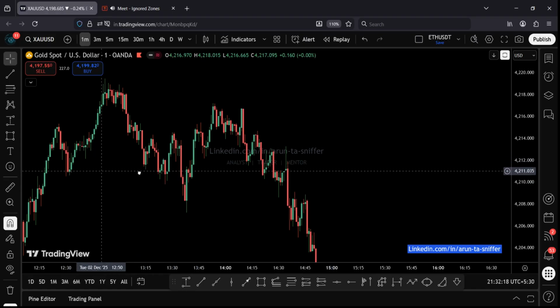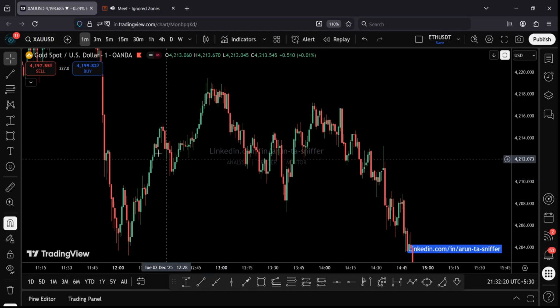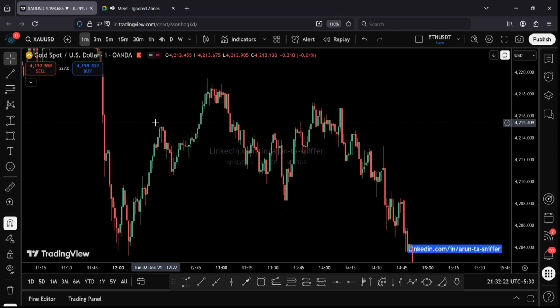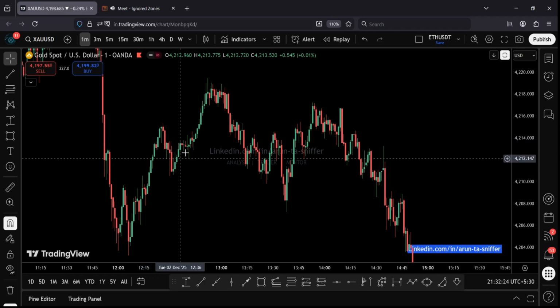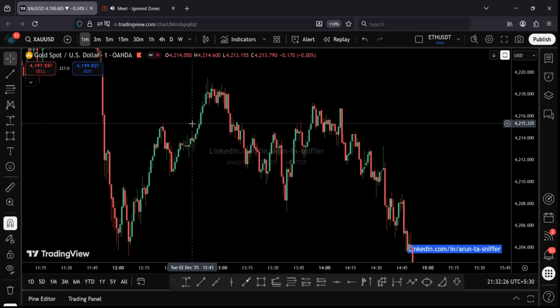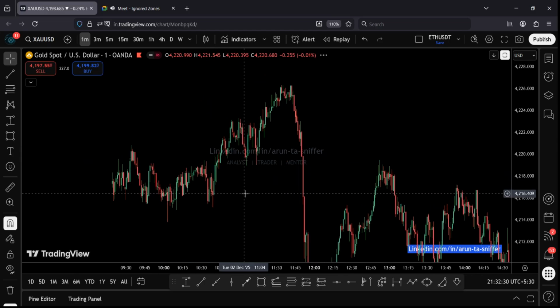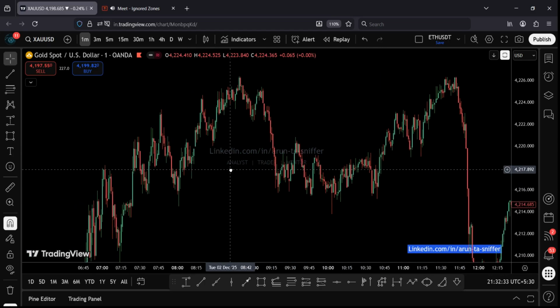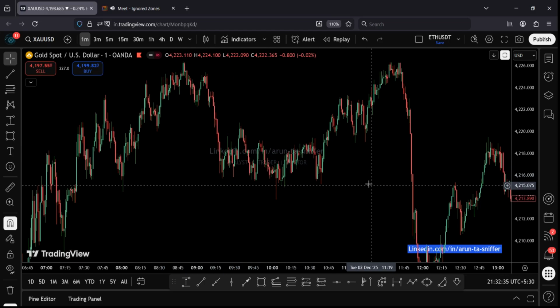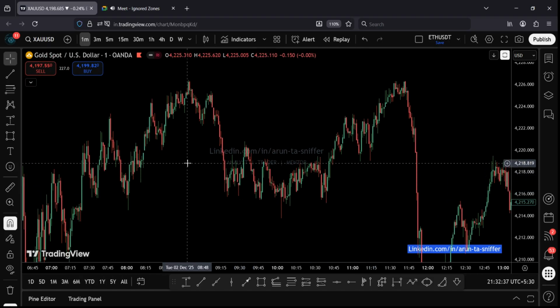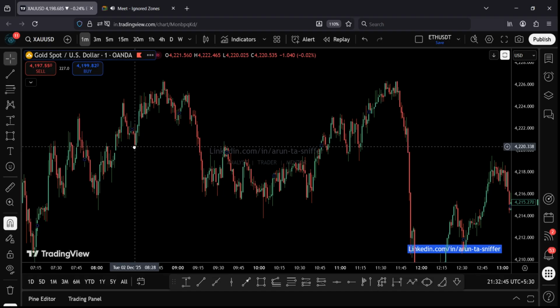If this goes back up, this usually happens when you guys tell me that I drew an LSK zone or QM zone, but price crossed it and goes up again to a higher zone.